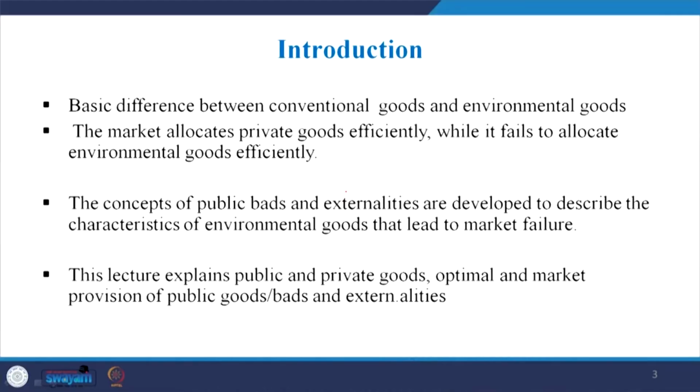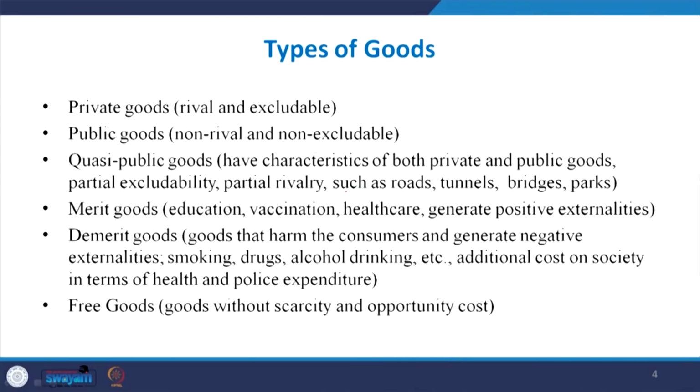So, the concepts of public goods and externalities were developed by economists to describe the characteristics of environmental goods that lead to market failures. The goods we consume can be classified into various categories.